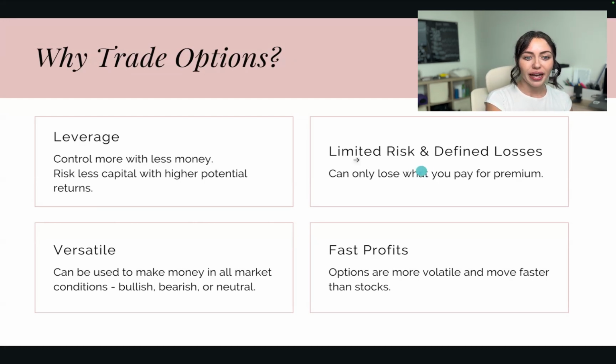Options also have that limited risk and defined losses that we talked about earlier within our premium. So in options trading, you can only lose the amount of money that you put up and pay for your premium. So let's just say we have an options contract for $2 and we decide to purchase 2 of those contracts, okay? So a $2 options premium needs to be multiplied by 100 because we're controlling 100 shares, and that would be $200, okay?